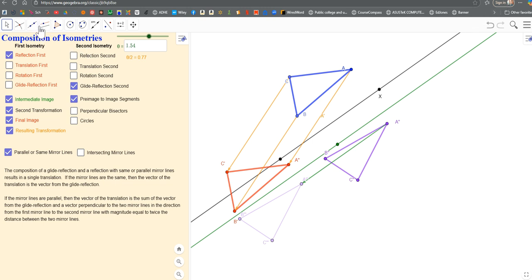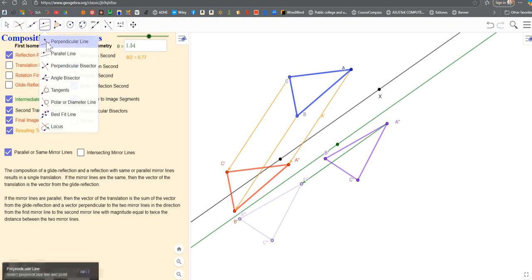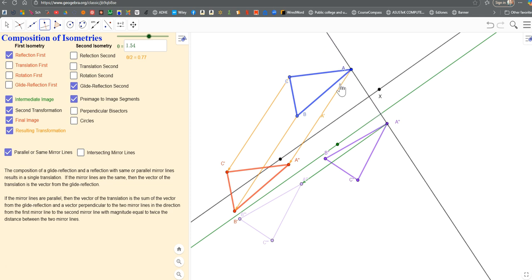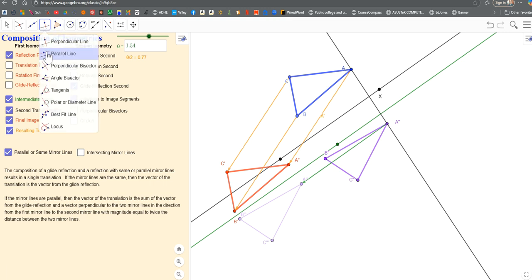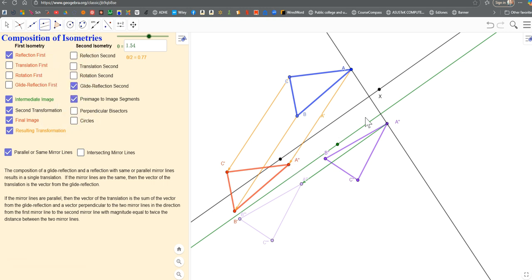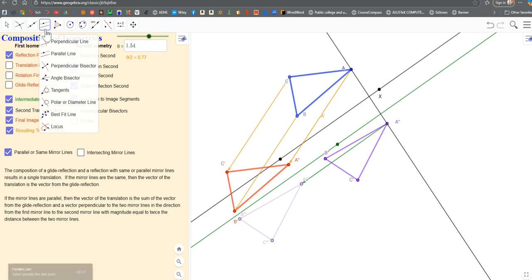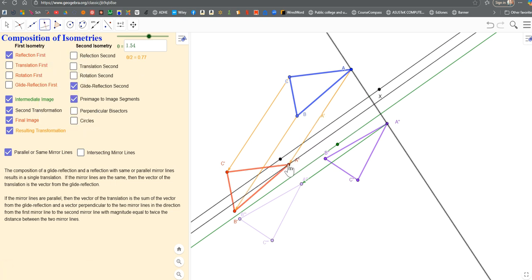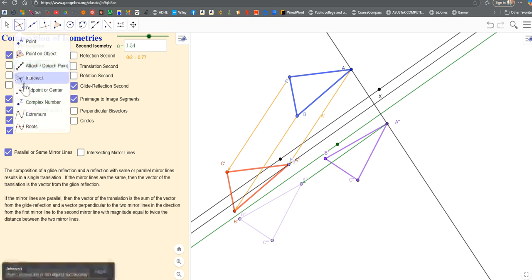If we make this perpendicular to the original, and then make this one perpendicular as well, from here to here. Let me see if I can find the right intersection.